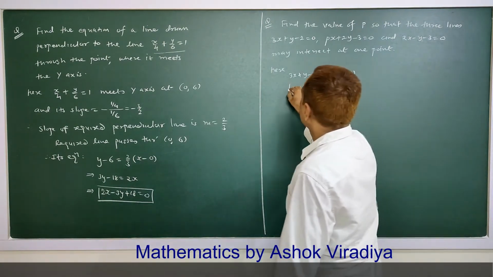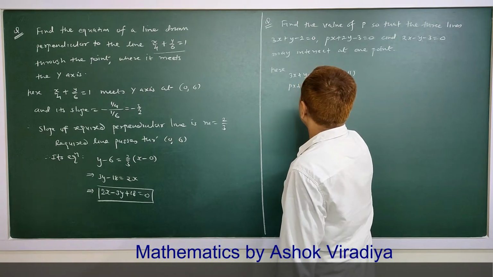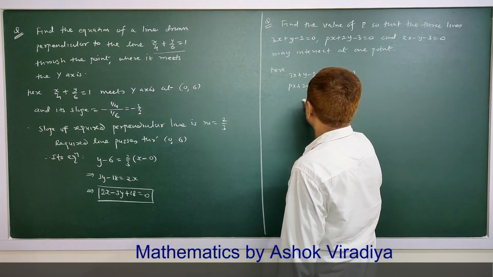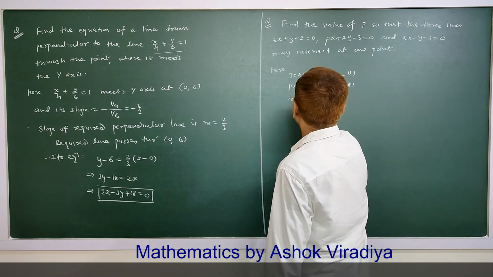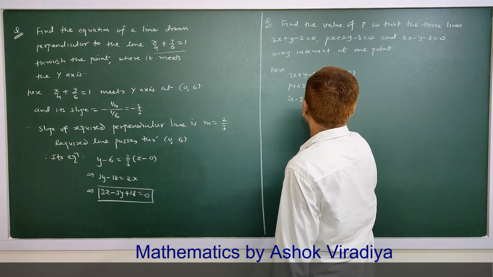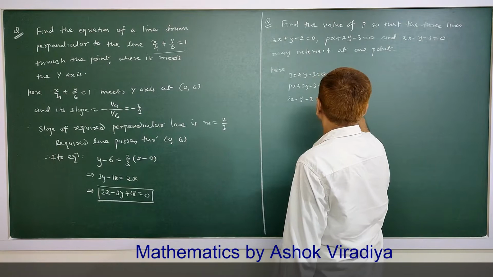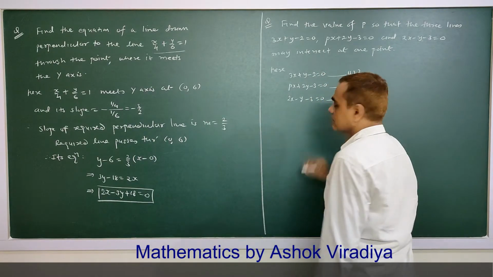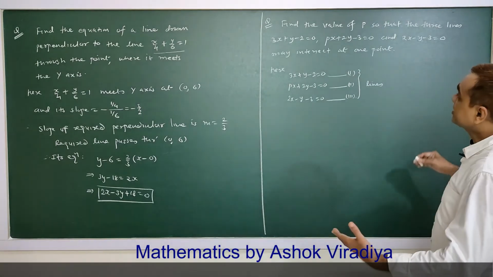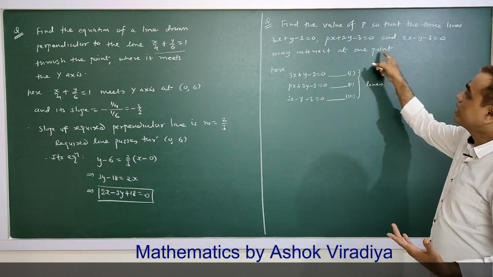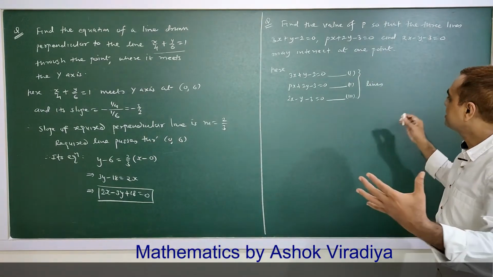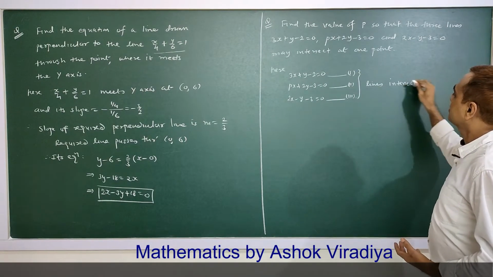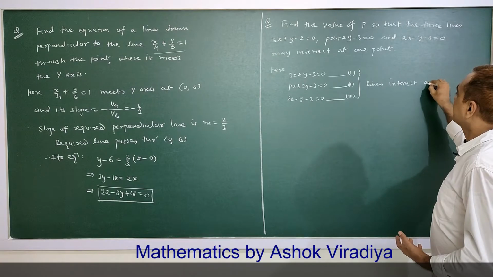Then px plus 2y minus 3 equal to 0. This is 2. 2x minus y minus 3 equal to 0. This is 3. So these lines are intersecting at one point.